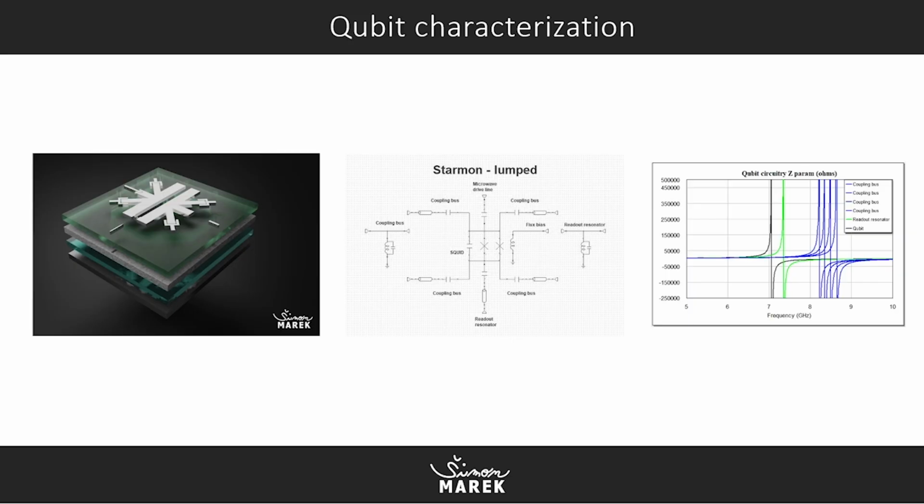Then we need to do some simulations. For simulation, we can do scattering matrices, which is basically S parameters, impedance profiles, and other circuit simulation parameters. We can also do some Josephson junction characterization, like some current simulation of the Josephson junction.